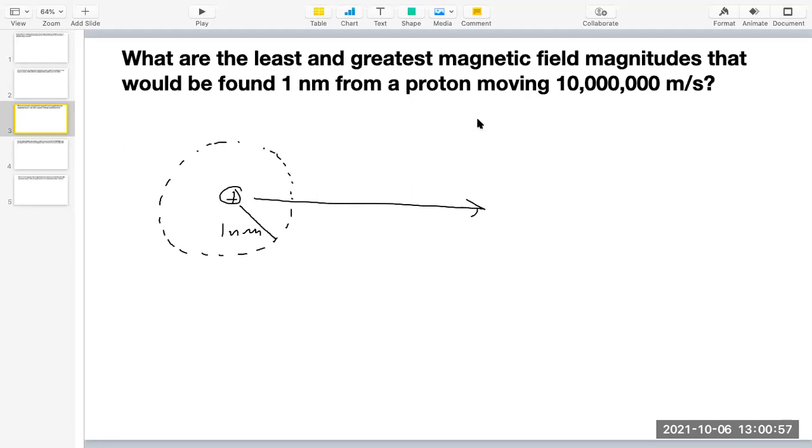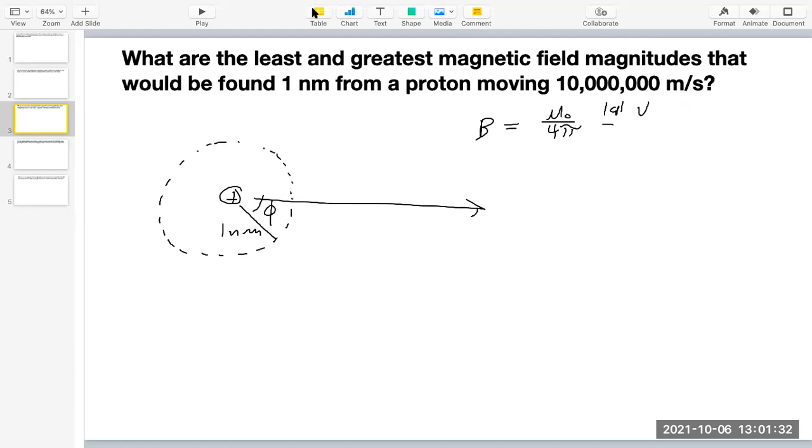So our magnetic field magnitude is mu naught over 4 pi times the value of our charge, times the speed, times the sine of the angle between its velocity and where we're making our measurement.